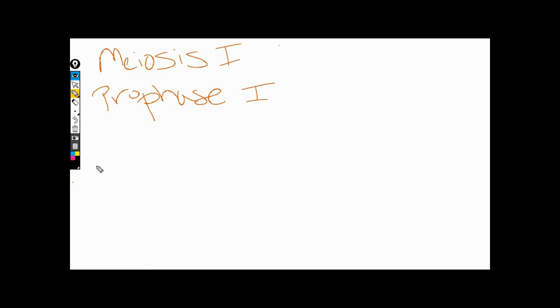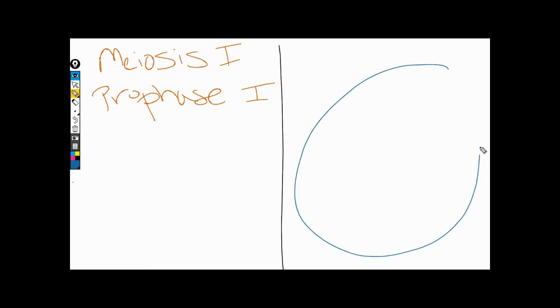Okay, so let's start by drawing an interphase, so we know what our colors are going to be. First thing we need, of course, is a cell membrane. We're going to make that one color.